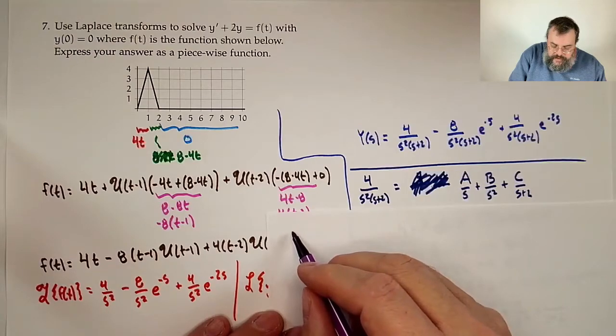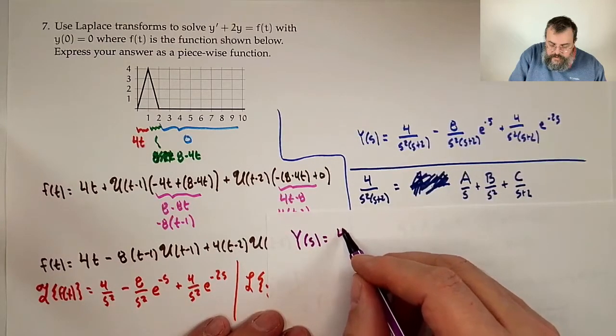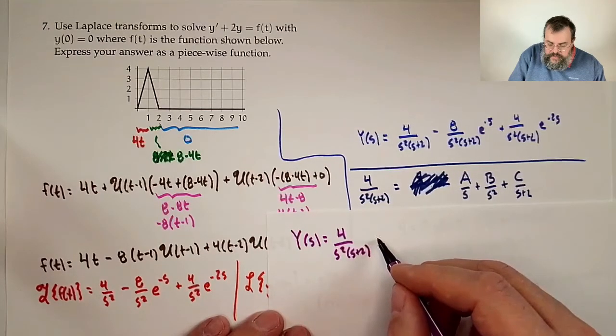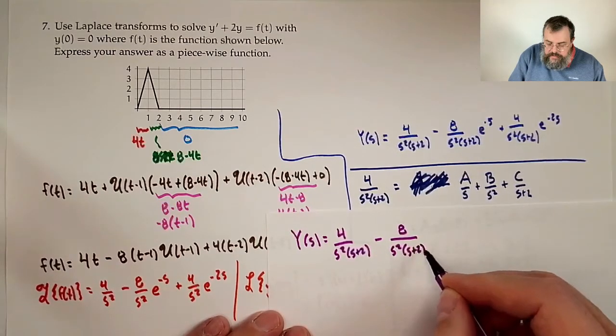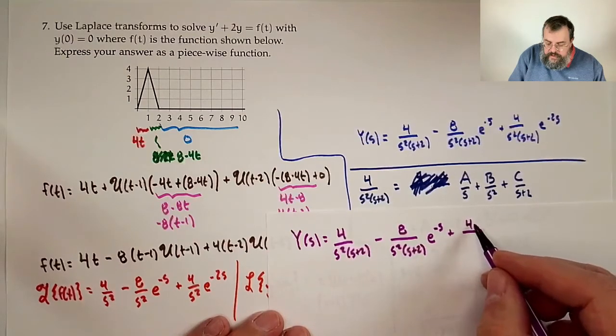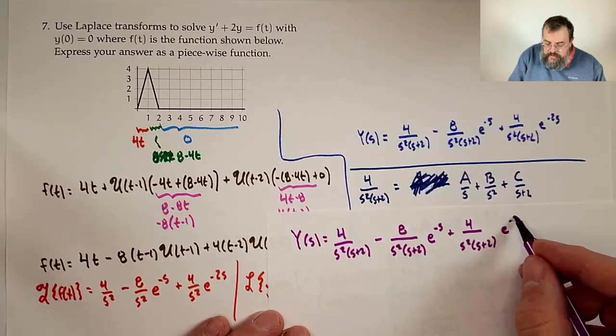So the key points are, we know what Y of s is. Namely, that's 4 over s squared times s plus 2, minus 8 over s squared times s plus 2 e to the minus s, plus 4 over s squared times s plus 2 e to the minus 2s.